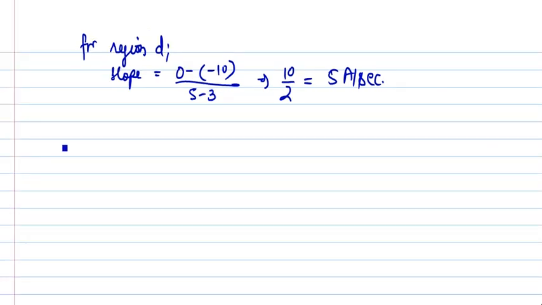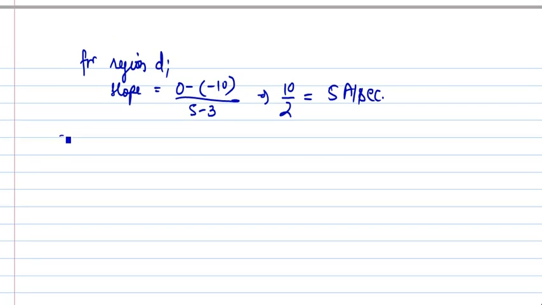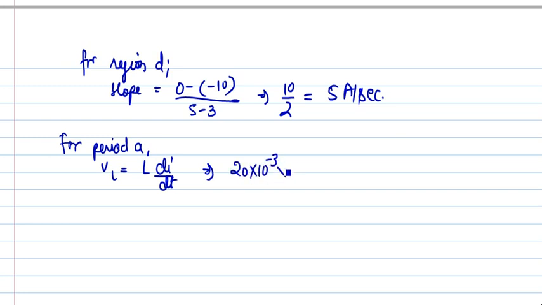Okay, so now for period A, voltage across inductor is equal to L into di/dt. That is equal to L, given as 20 milli, and di/dt for region A was 0. So that is equal to 0 volt.